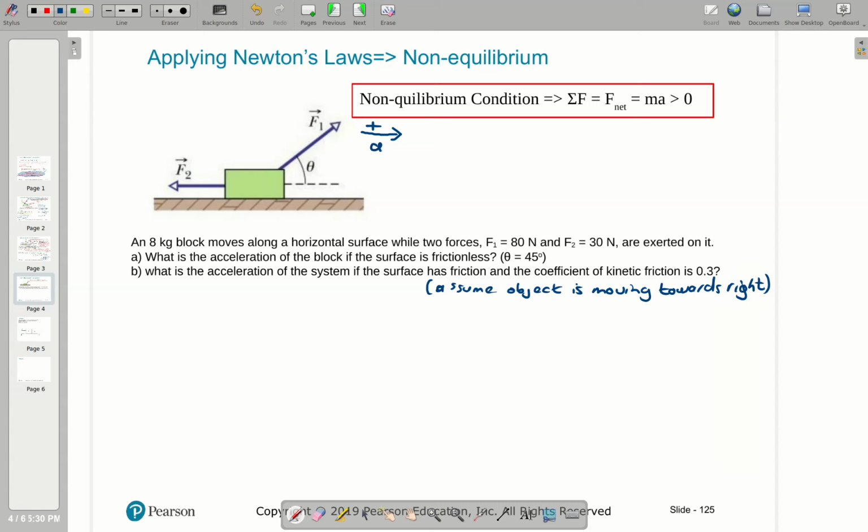All the same things we have here: F1x is 56.57 Newton. We calculated that. We have here mg, and mg was 78.4. We calculated that. We have the normal force.